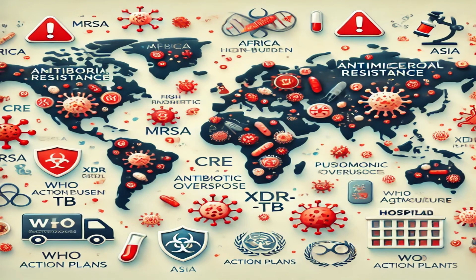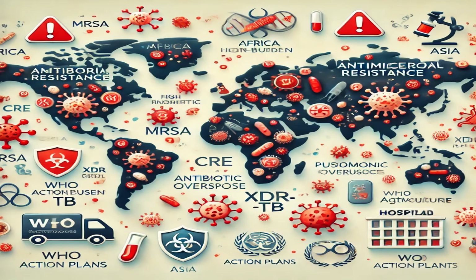This map speaks volumes. Antimicrobial resistance is no longer a distant threat. It's a global emergency. From North America to Asia, from Africa to Europe, resistant infections are rising fast. These superbugs are no longer confined to hospitals.